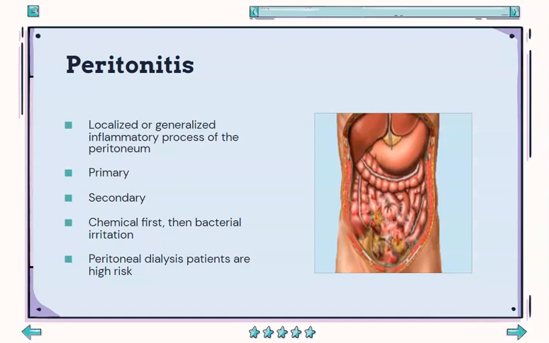Say the client was a victim of a gunshot wound or a knife wound. Anything that penetrates the abdominal cavity causes a puncture in the peritoneum. That just opens up a gateway for bacteria to come in, but again it would be a secondary peritonitis.